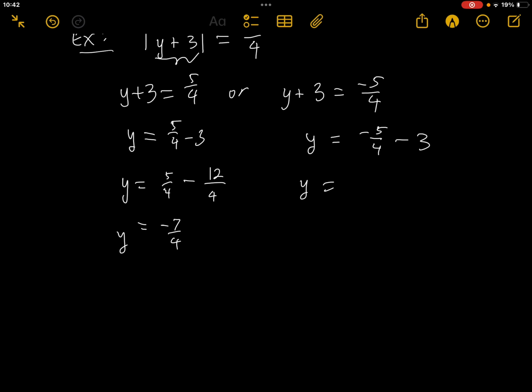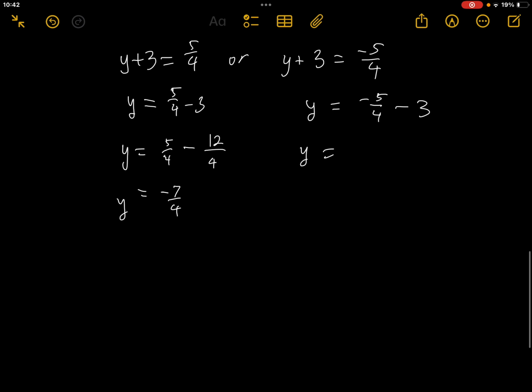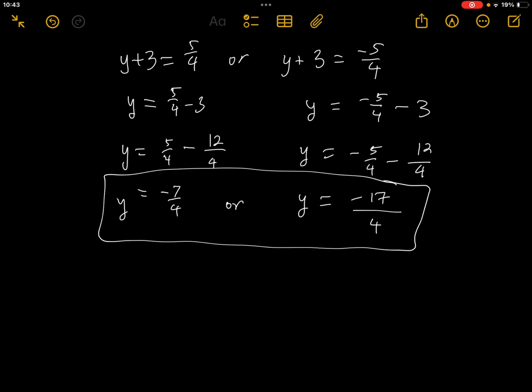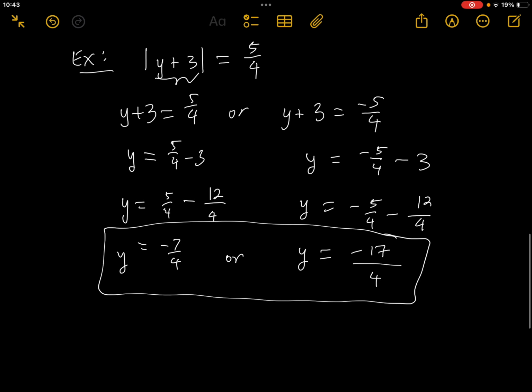And now I get y is negative 5 fourths minus 3. Again, we get a common denominator. 3 is 12 over 4. Now that you have a common denominator, you can subtract the numerators. Negative 5 minus 12 is negative 17. So you get negative 17 fourths. So y is equal to negative 7 fourths or negative 17 fourths.